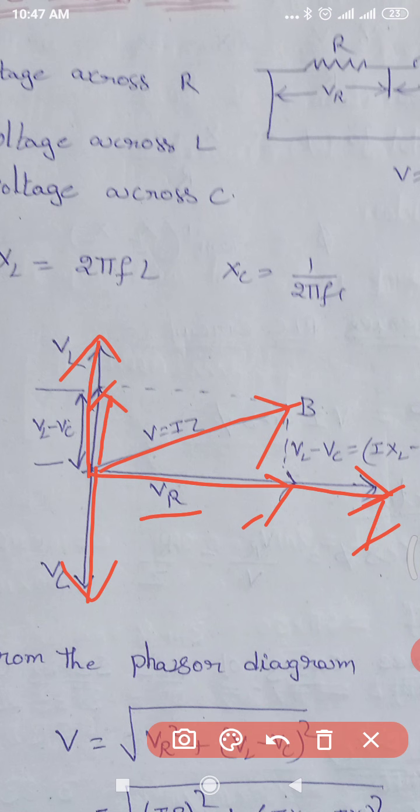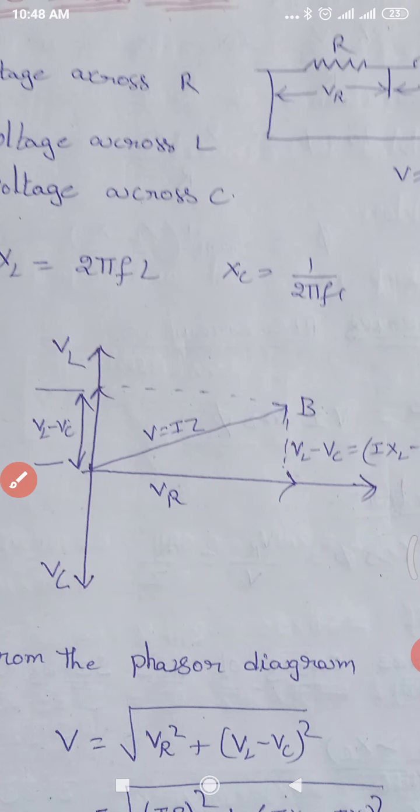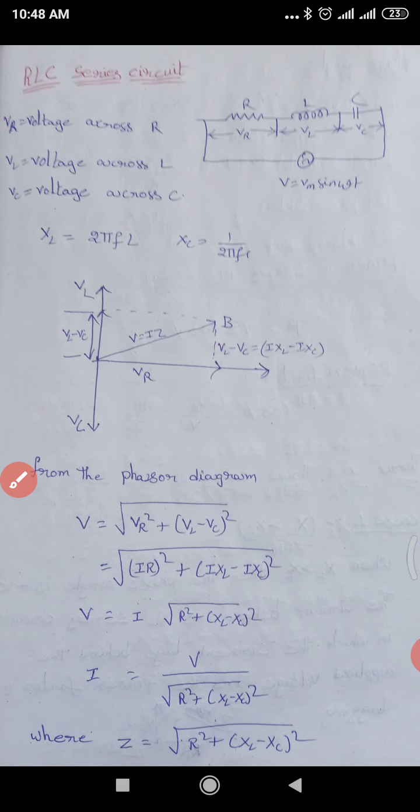That's why I am taking VL minus VC here. The resultant of these gives V equal to I into Z. In this way we can draw the phasor diagram of an RLC series circuit.